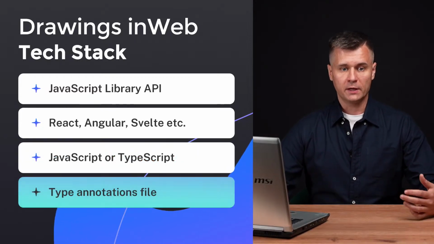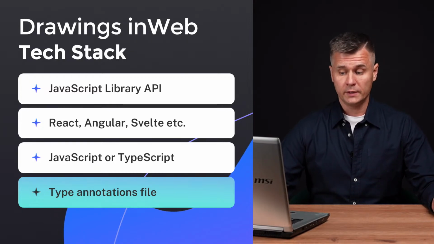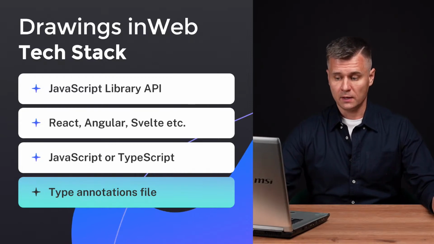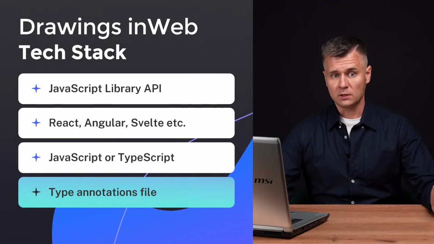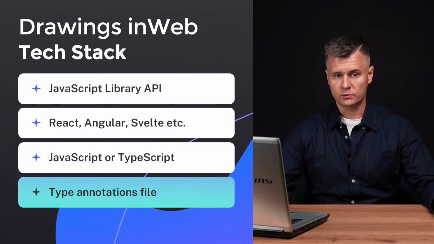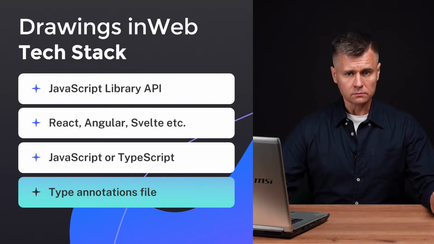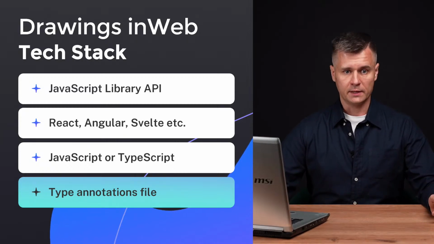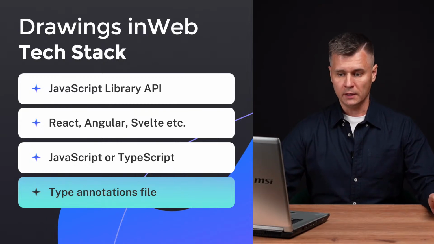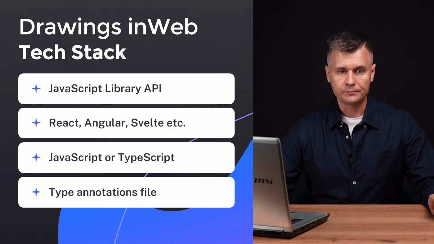You can develop your application using JavaScript or TypeScript, and to facilitate your work, ODE provides a drawings.ts file that may be used in the IDE for type annotation access. So again, everything is quite straightforward, quite clear. I'm pretty sure that many experts with the necessary skills are available, probably right exactly in your company, and so you can start the new development or improving the features of existing solution.